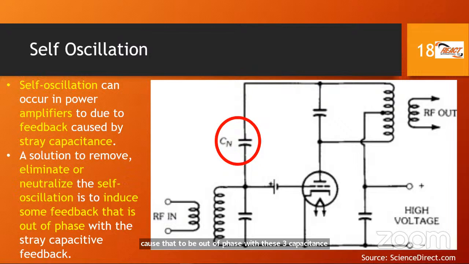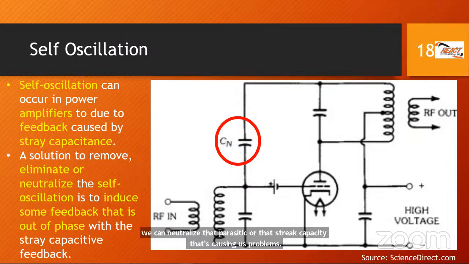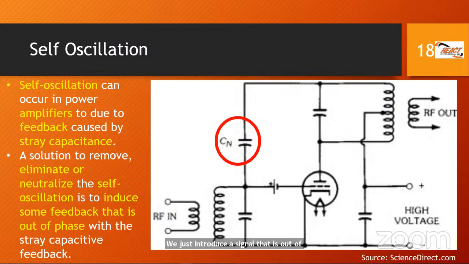So we can neutralize that parasitic or stray capacitance that's causing us problems, right? We just introduce a signal that is out of phase, and to do that, we introduce a component, and it could, for example, be a capacitor that causes that signal to be cancelled. So we can neutralize the effect of it, right? So that's self-oscillation and how we neutralize the self-oscillation.